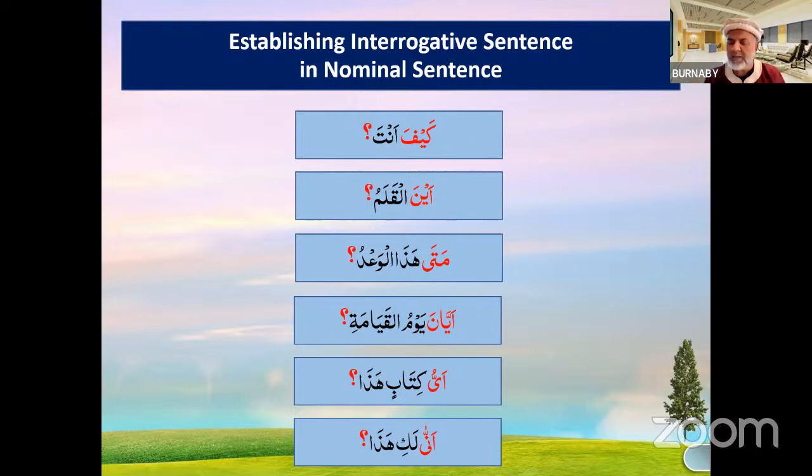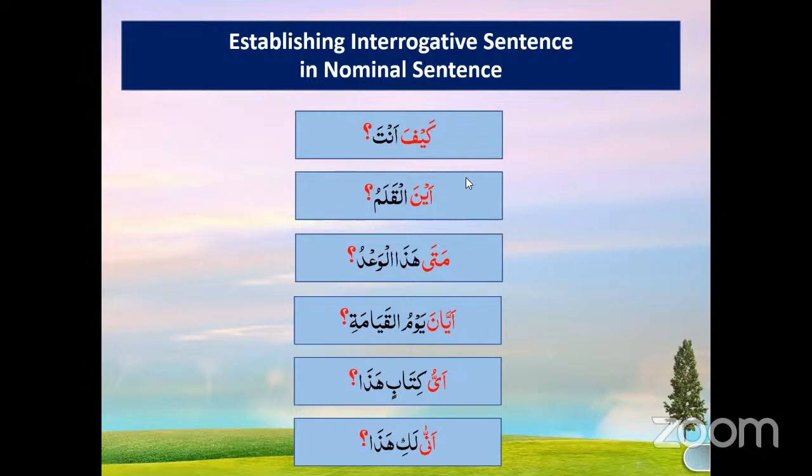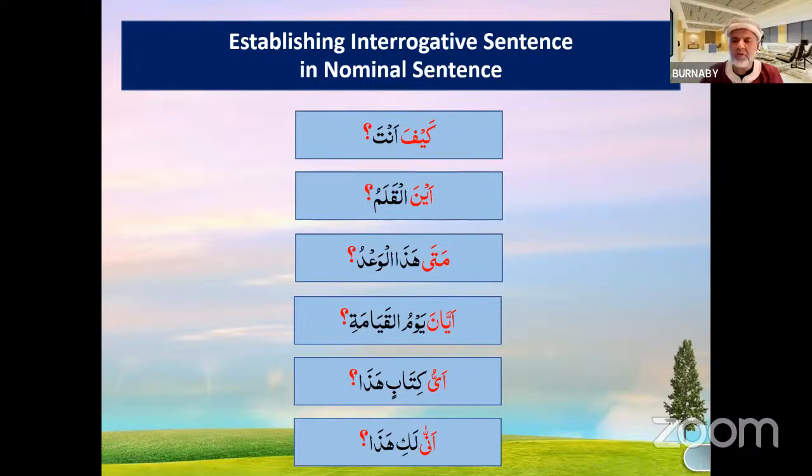Anna Laki Haza, then also this is, Anna is the Harf Isma, and Laki is again... So, what is the need of putting Haza? If we remove Haza, but you're asking a question. If you say Anna Laki, what do you mean by that? Think about the translation. From where is this from?